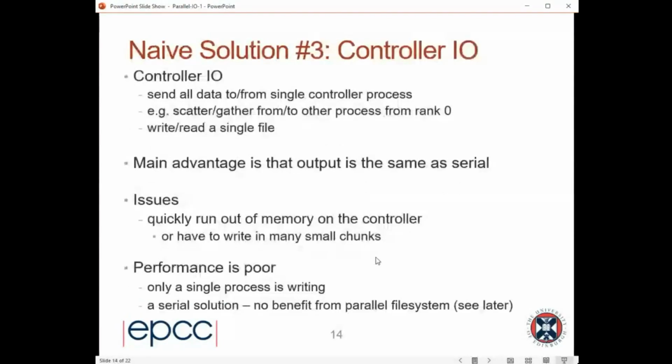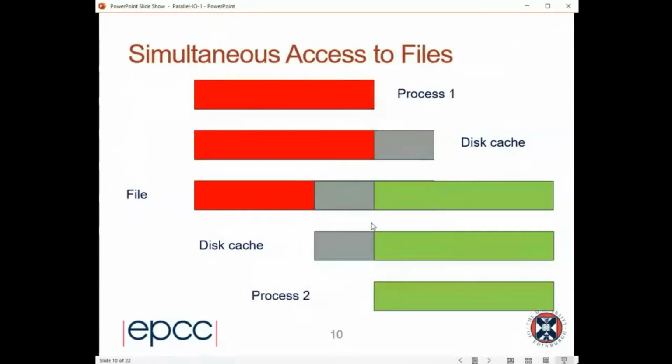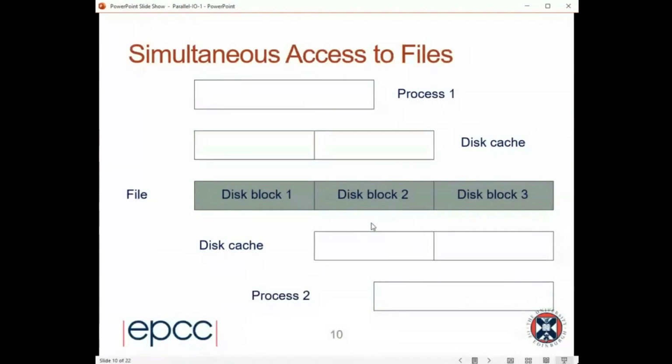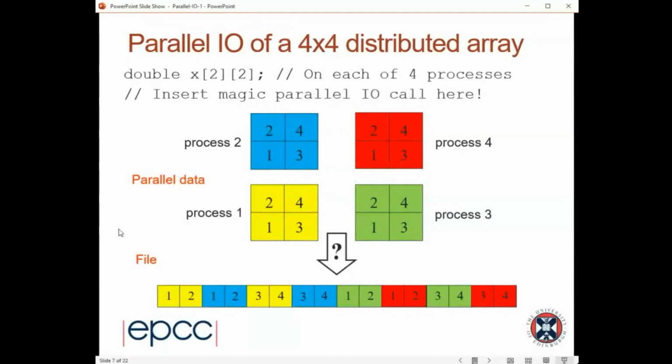You might say, well, I said that the problem with this is that we have lots and lots of little portions. Well, why can't the yellow process write the first 4 elements, the blue process the next 4, the green process the next 4, and the red process the next 4?